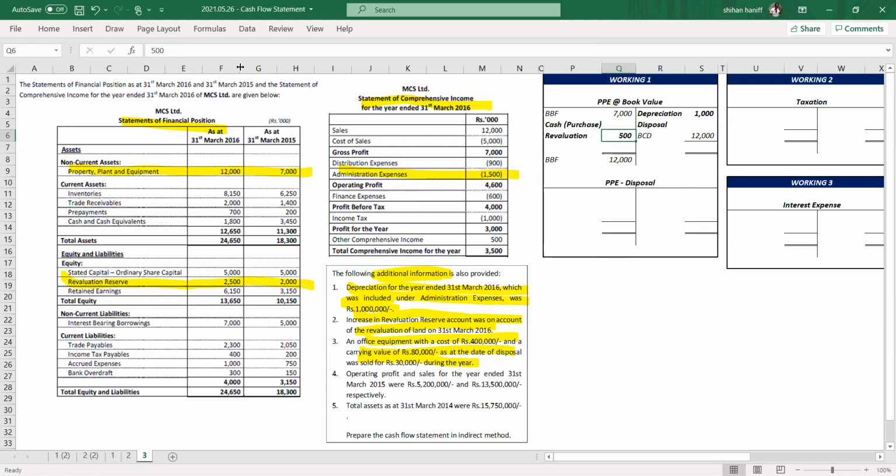So that is because of the revaluation of land, revaluation profit. So we recorded the depreciation and the revaluation of the land.